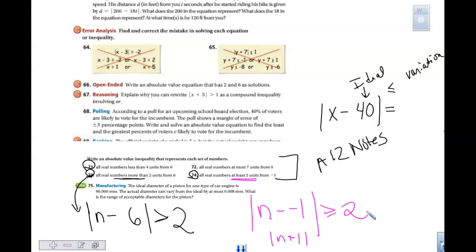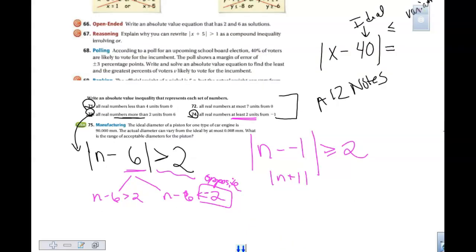Okay. Any other ones? If we look at this by adding 6 to both sides, what do I end up with? Oh, 2 units away from 6 is 8, right? If I would have had plus 6, this would be negative 4. That doesn't make sense. Negative 4 is not 2 units from 6, right? Here's 6 on my number line.